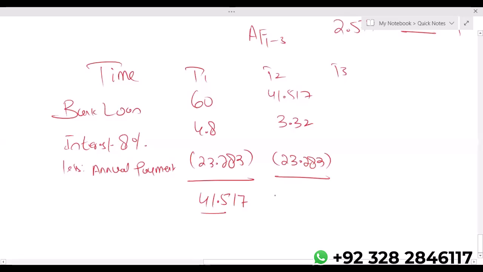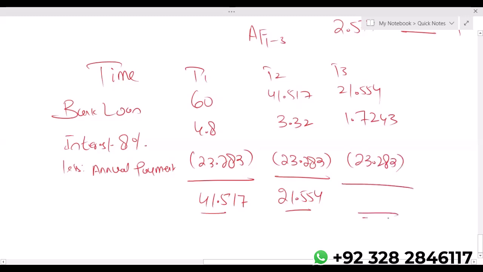I'm getting, students, 21.554. Closing loan of T2 becomes opening for T3. Now we'll apply the interest rate on that: 1.7243.